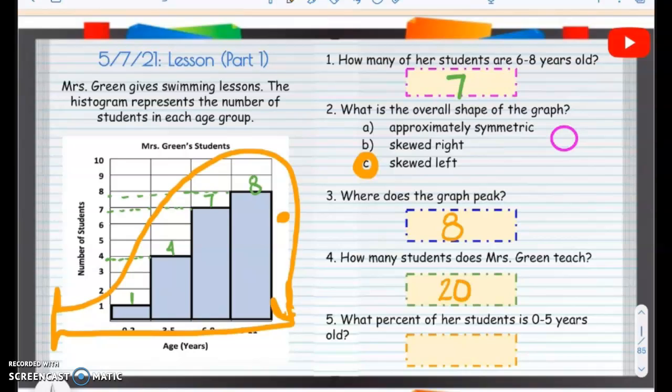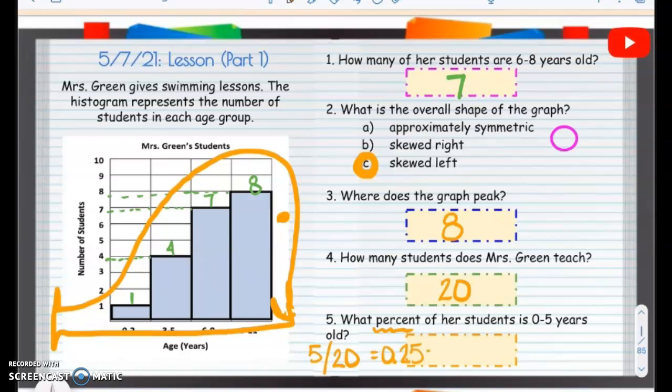Last but not least, what percent of her students is 0 to 5 years old? So from 0 to 5 years old, she has 5 students. She has 5 students out of the 20 total. If you do in your calculator 5 divided by 20, you will get 0.25.